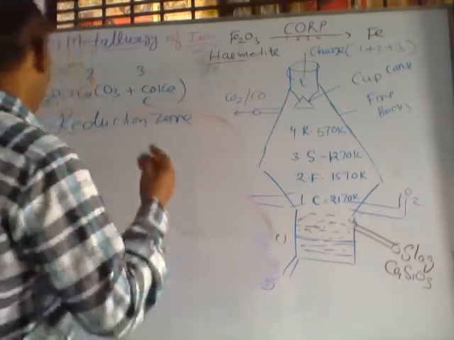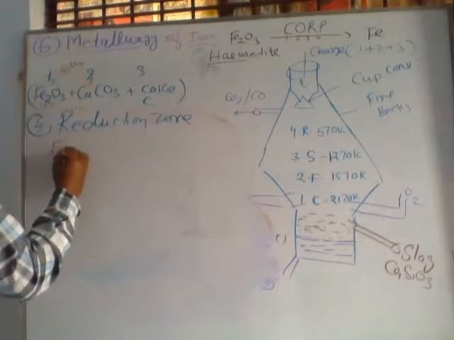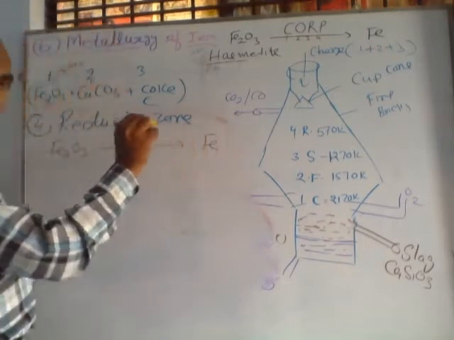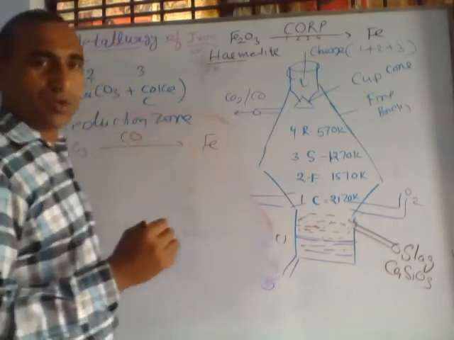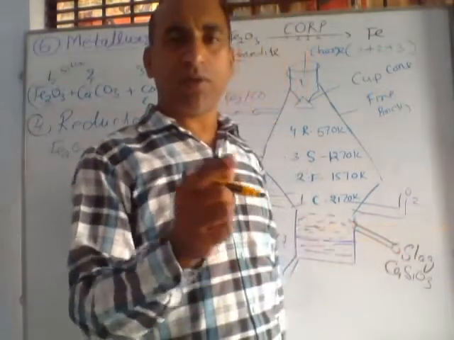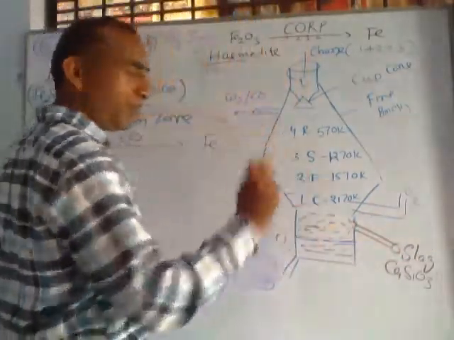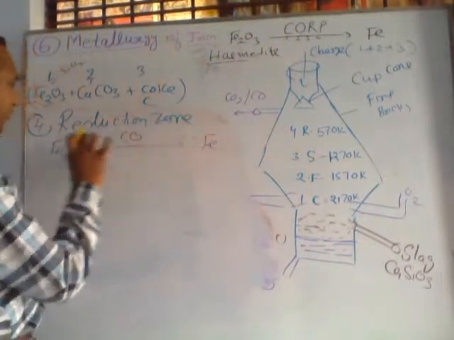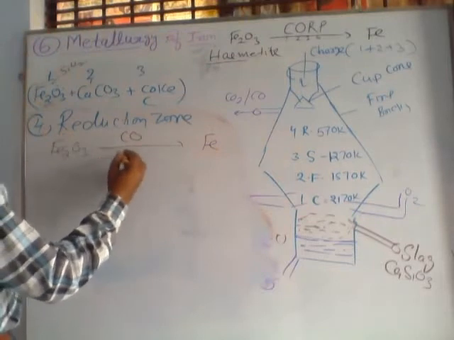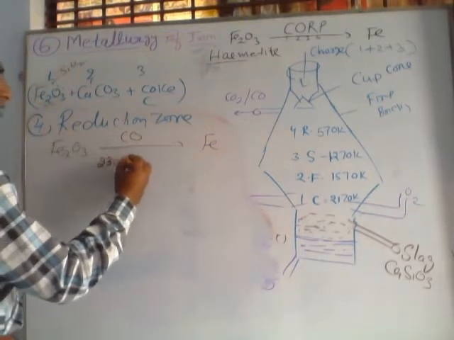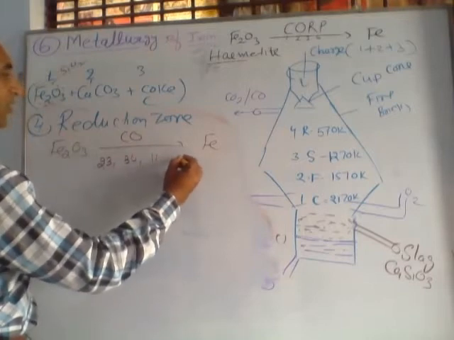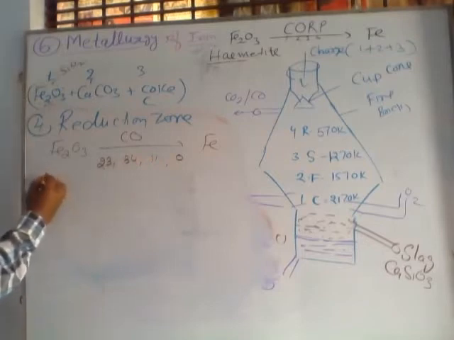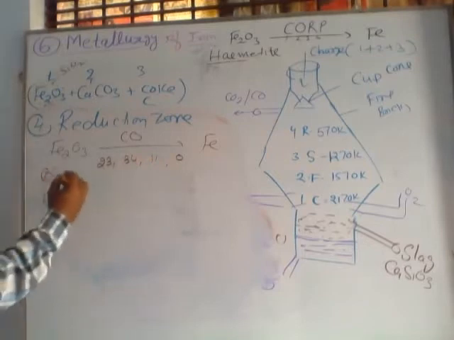In the reduction zone, Fe2O3 will be reduced to iron by the help of CO. CO, carbon monoxide, is formed in the second step, that is, in the fusion step. So in the formation of iron from this, we are writing here 23, 34, 11 and 0. What is the meaning of this? Listen, there are 1, 2, 3 steps.